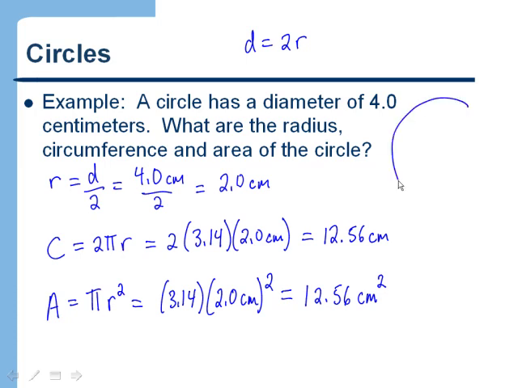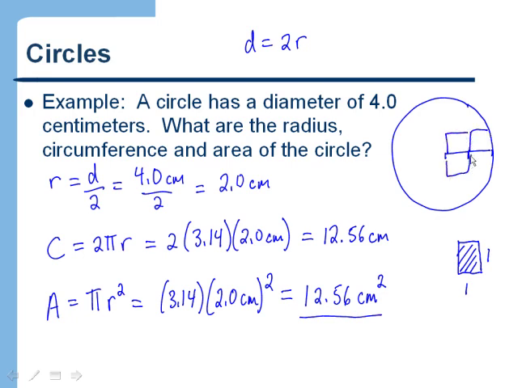And I want to just emphasize really what we mean by area. If you picture our circle here, and our circle had a radius of 2 centimeters. So 1, 2. I want you to just think about what is a square centimeter. A square centimeter is the area in this box. And so when we say that the area of our circle is 12.56 centimeters squared, you can imagine you could fit 12 of those boxes, or a little more than 12 of those boxes in here.